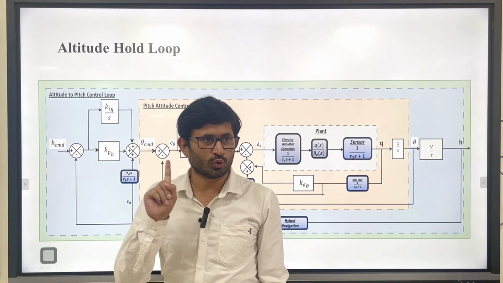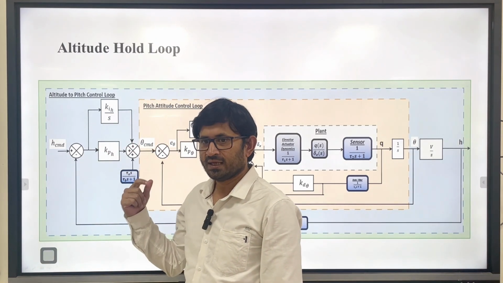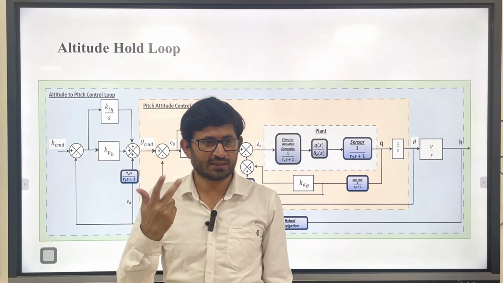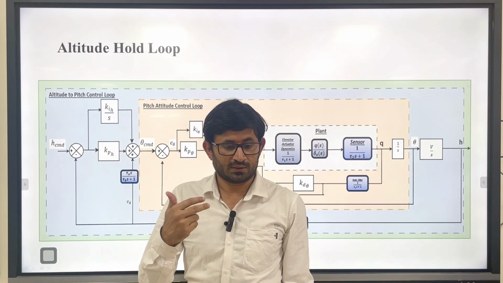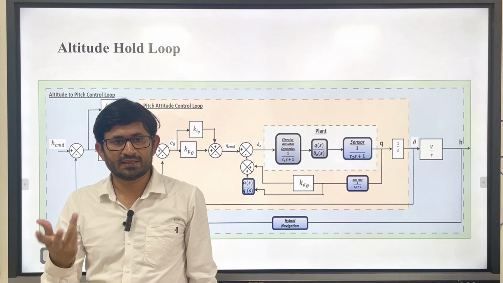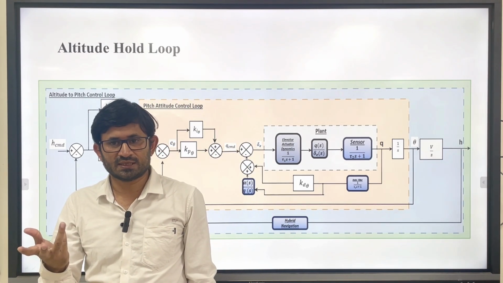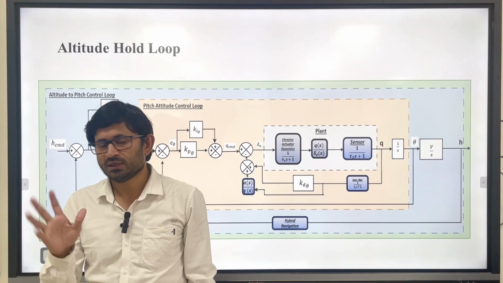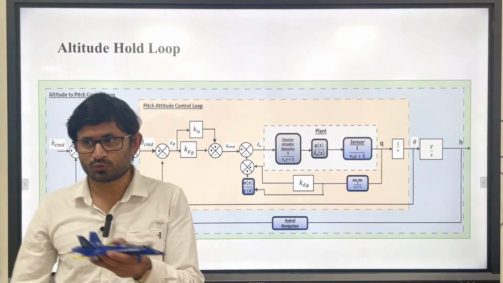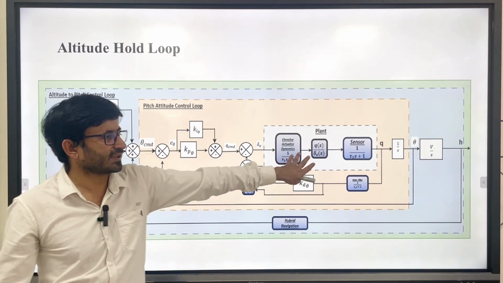First is the altitude hold loop, which we will discuss today, then the velocity control using command and pitch, and then the speed hold control using throttle. So now first we will discuss the cruise flight. This part is clear, right?